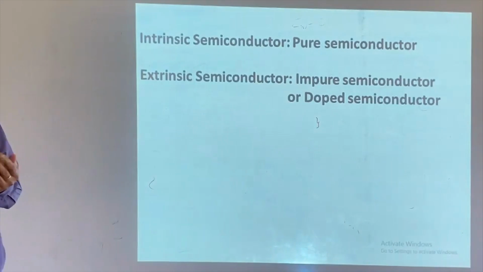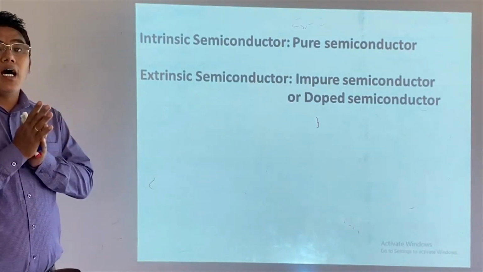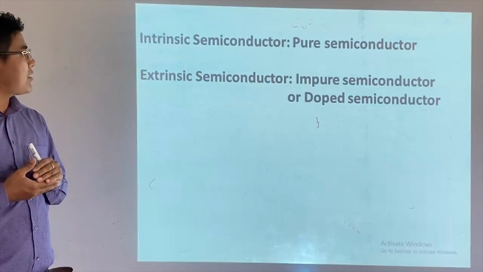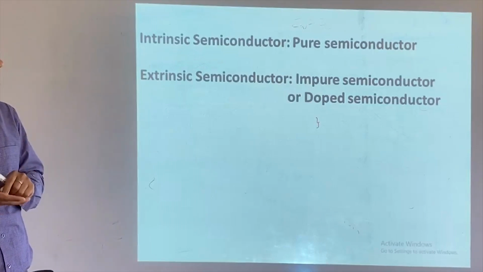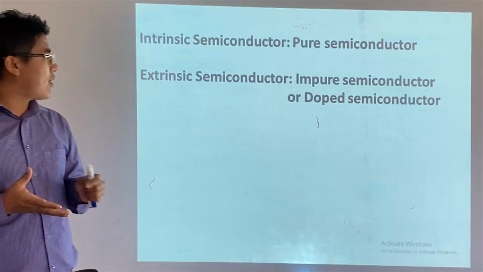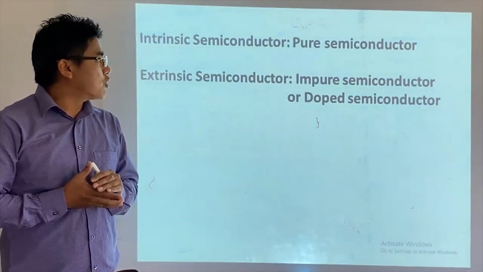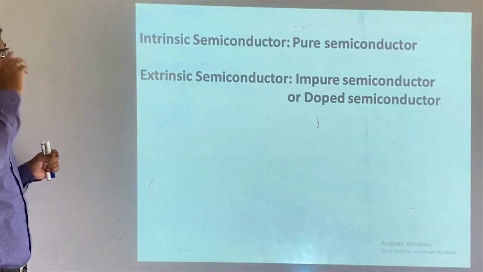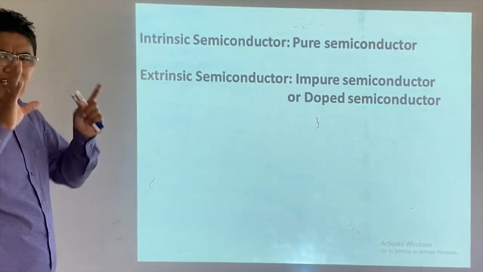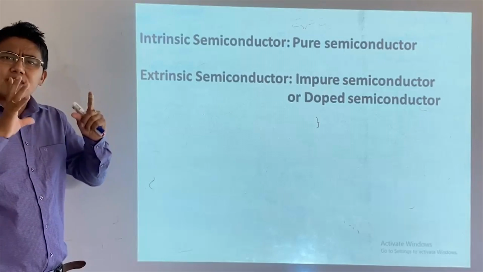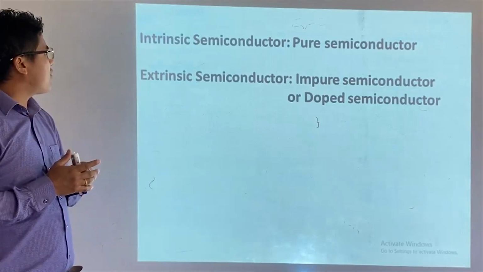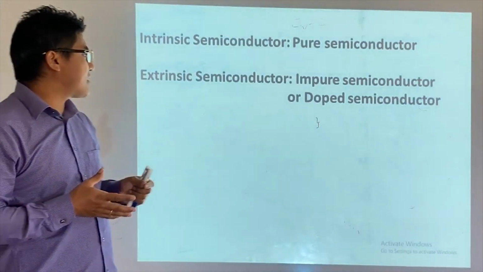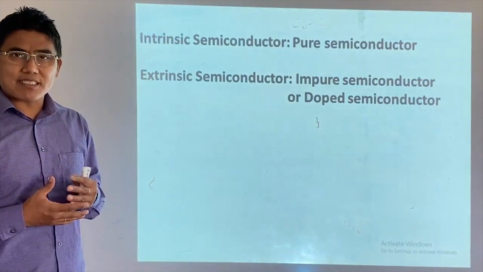Now what I would like to do is classify semiconductors into two parts. One is what we call pure semiconductors, and another is what we call impure or doped semiconductors. A pure semiconductor is completely pure silicon crystal, which we call an intrinsic semiconductor. An impure semiconductor is a doped semiconductor.